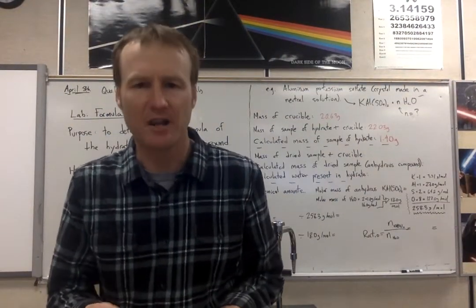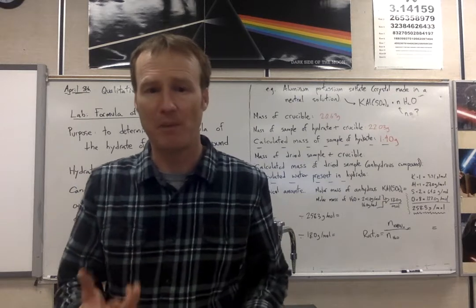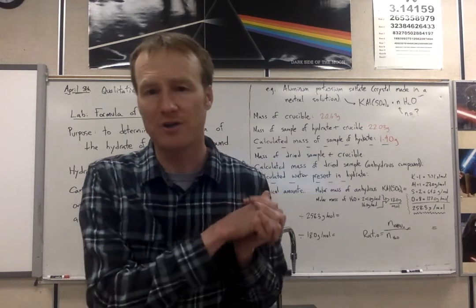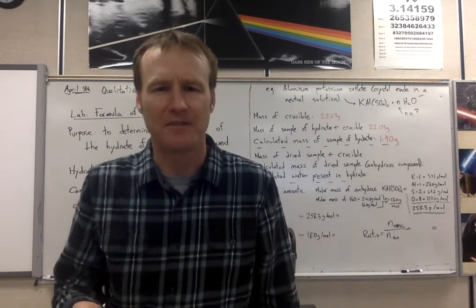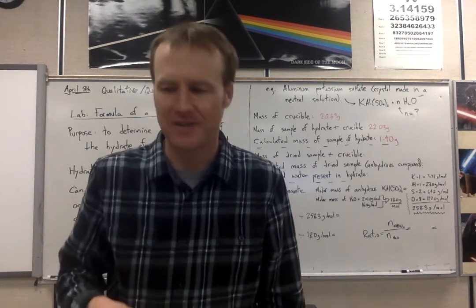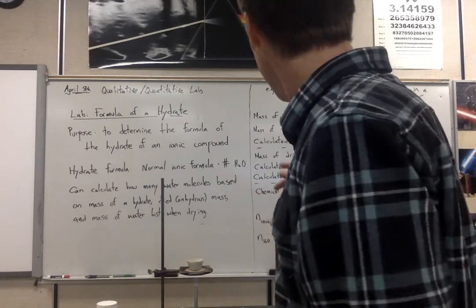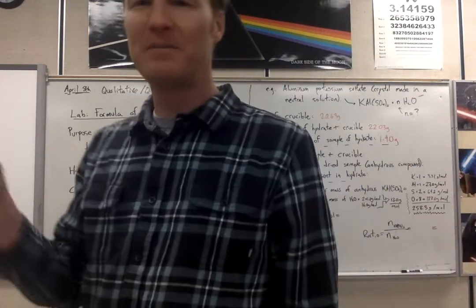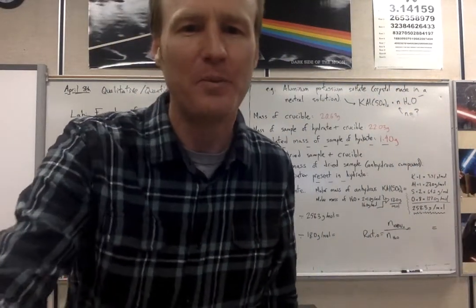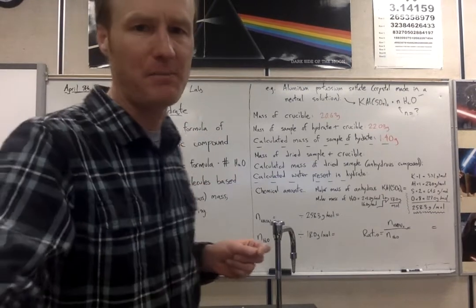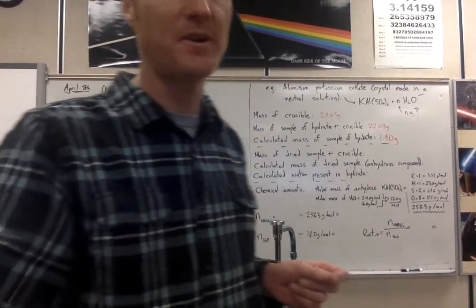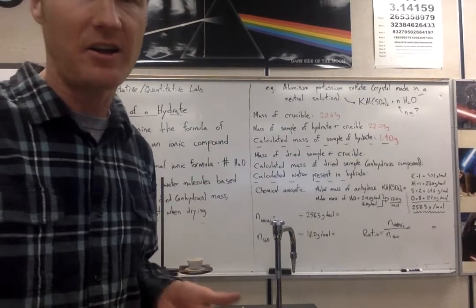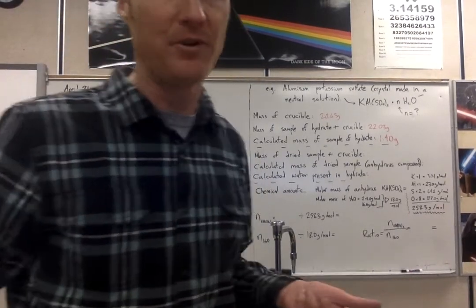As you started with this clear crystal, you end up with this kind of a bubbling mass, and then you get what you saw in there, which looks like a little meringue or something, basically just a little white thing. And what we're going to be able to measure just now will be the mass of the dried sample in the crucible. Now this is going to take a couple minutes, so I'm going to run you through the kind of calculations we're going to do, and then we'll be able to do those faster.